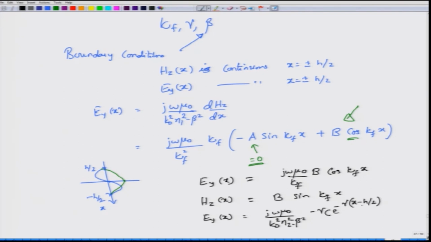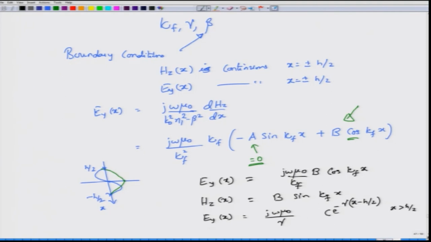When you differentiate this, you pull the minus gamma out. And k0 square n2 square minus beta square is basically minus gamma square, so there is a minus sign on both sides and I can remove it, and just write this as gamma. This is when x is greater than h by 2.